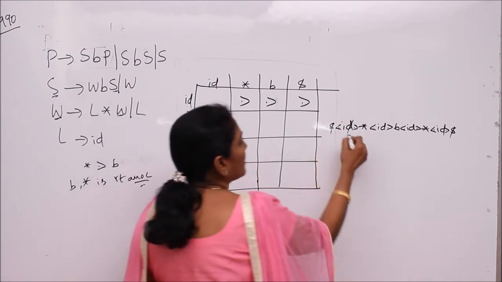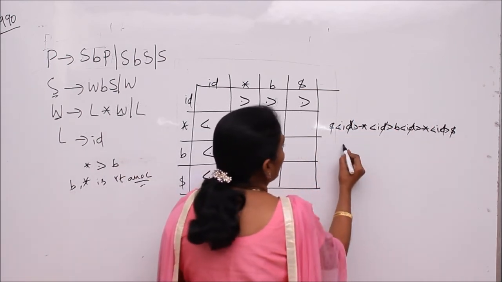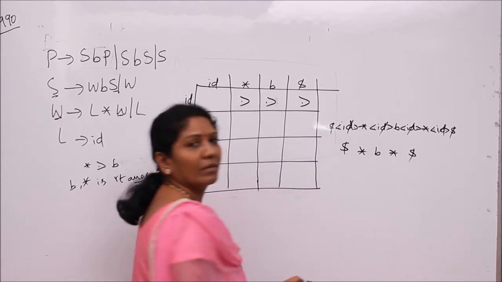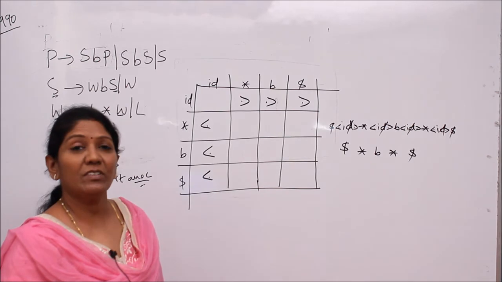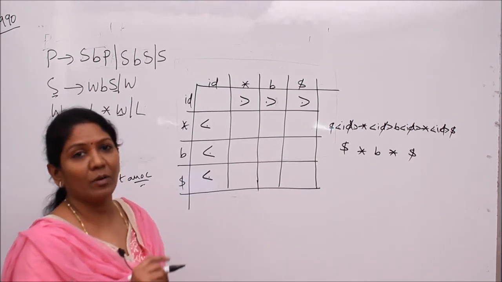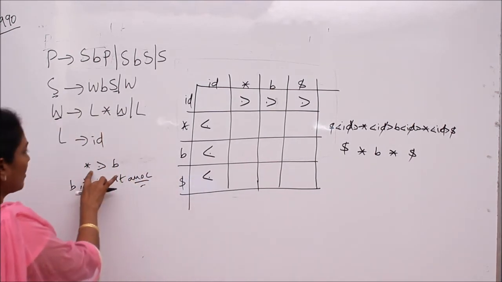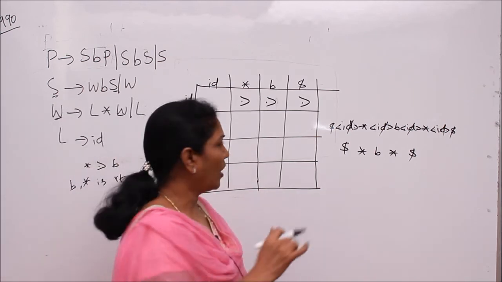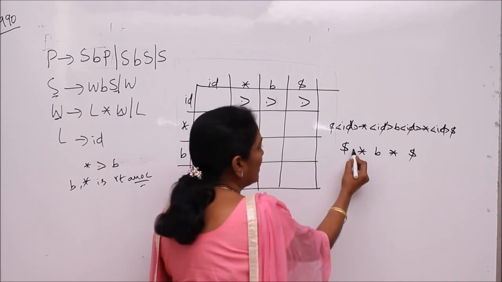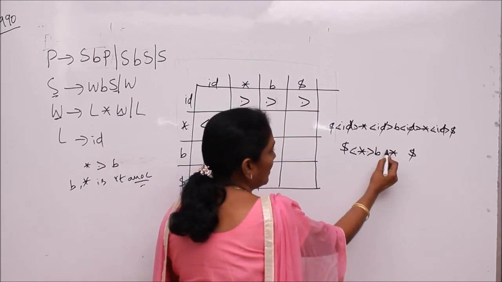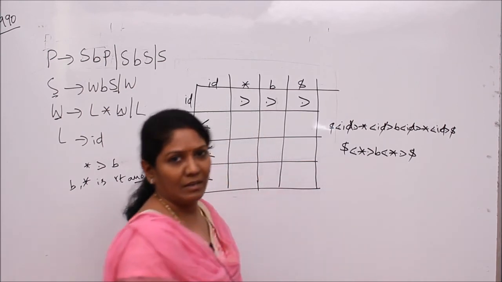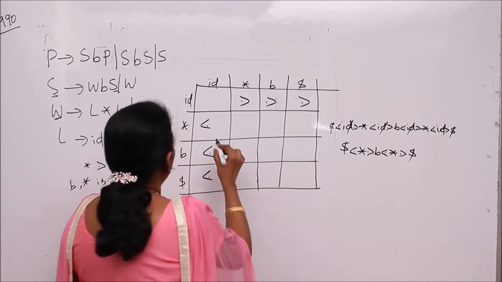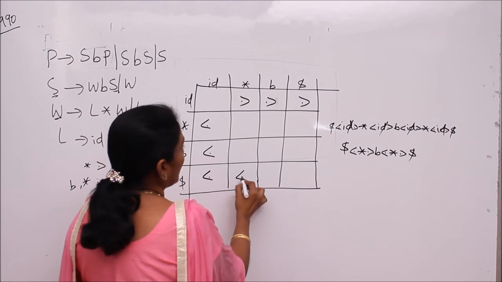So with this what happens? All the ids are reduced. Now I am left with star blank star. Now which is to be reduced first? Now there are two different operators. What did we say? Star has higher precedence than blank. That means star is to be reduced first. How do you ensure that star is reduced first? Insert every star between greater precedence and less precedence. So what did I say? Dollar has less precedence to star.